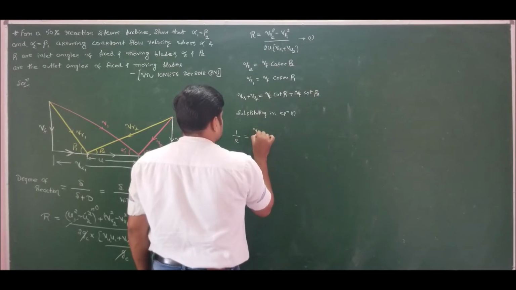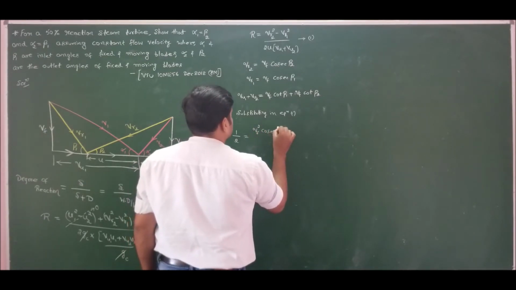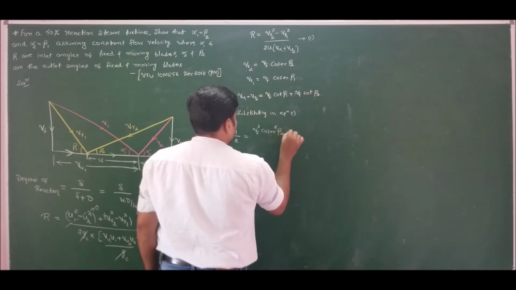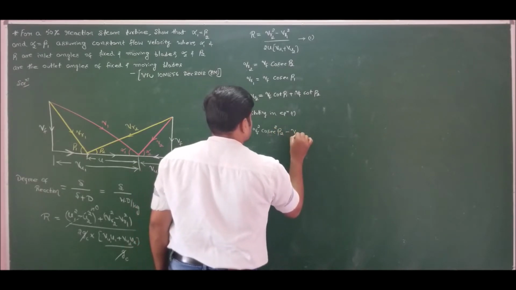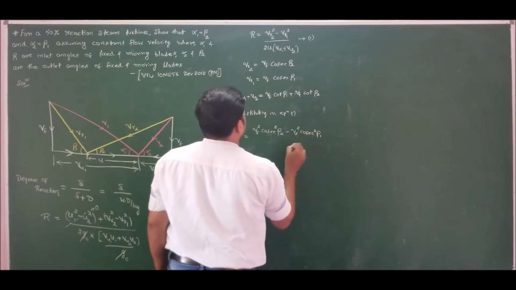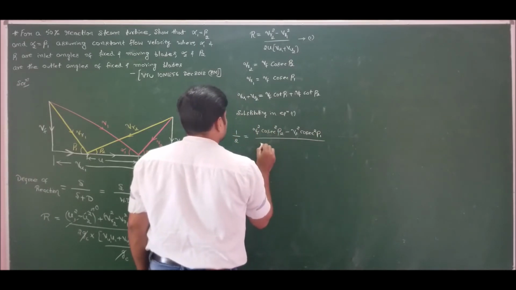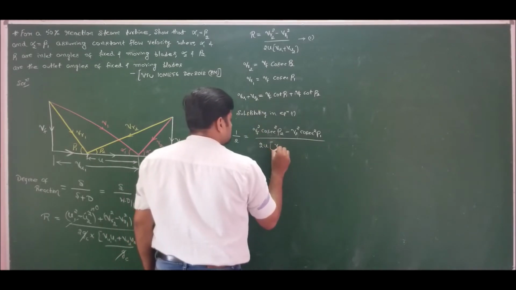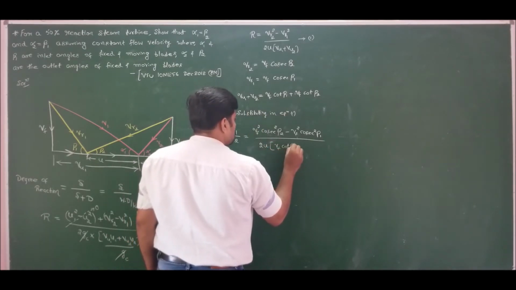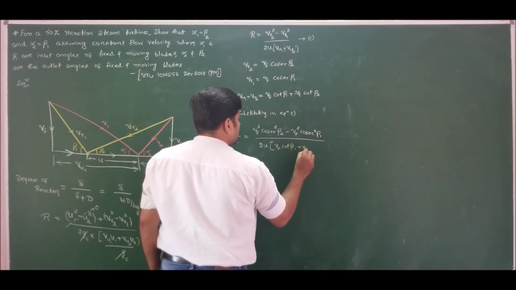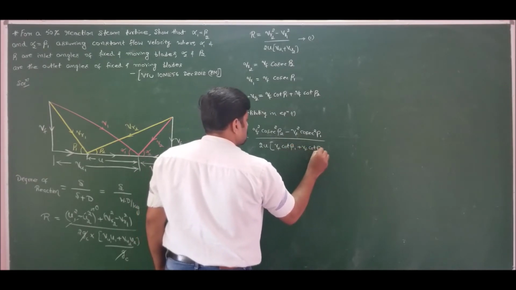VR2 square is Vf square cosec square beta 2 minus Vf square cosec square beta 1, whole divided by 2u of Vu1 plus Vu2, which can be written as Vf cot beta 1 plus Vf cot beta 2.